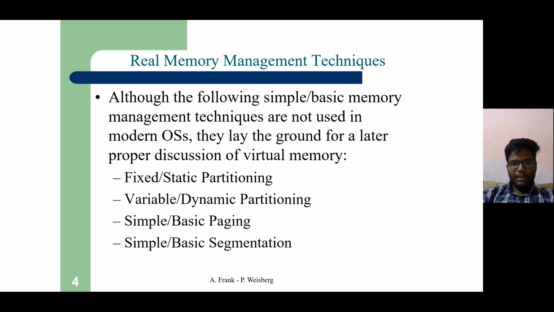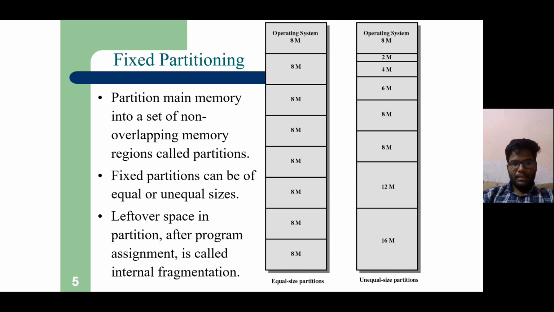Real memory management techniques: although these simple basic memory management techniques are not used in modern operating systems, they lay the ground for a later proper discussion of virtual memory. These are the four types of real memory management techniques: fixed or static partitioning, variable or dynamic partitioning, simple or basic paging, and simple or basic segmentation.